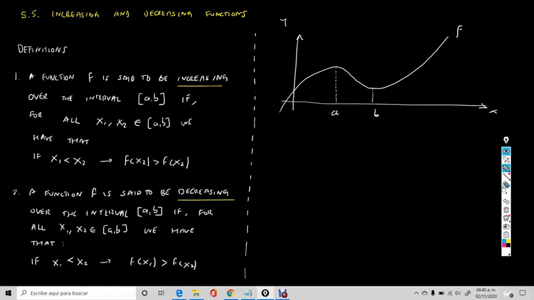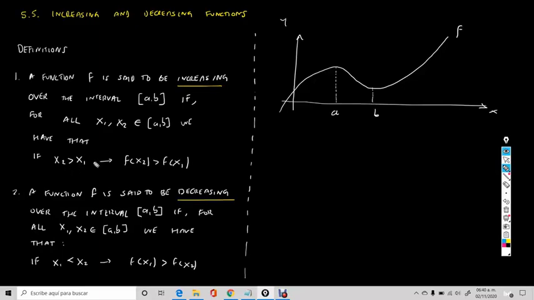I made a mistake here. Actually, we can put it in this way. I think this sounds much better. If x2 is greater than x1, then f of x2 is greater than f of x1. Yeah, I think that sounds better.